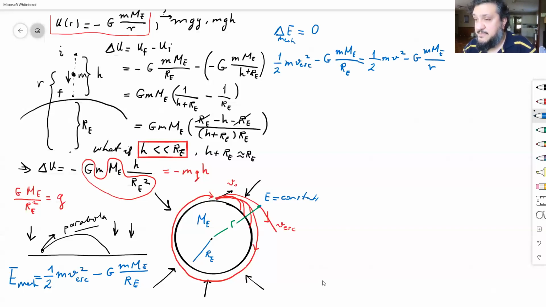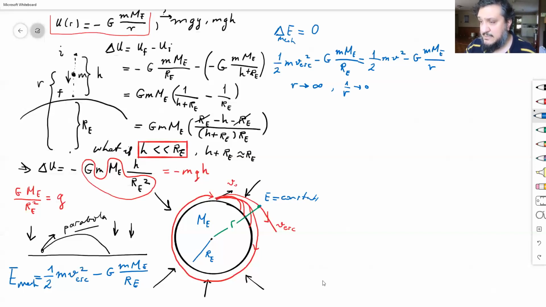Imagine you take r all the way to infinity, practically a distance really far from Earth. You don't have to take it really to infinity, but so far. If you do that, of course, 1 over r becomes 0. At that point, do you really need the object even moving? You don't, because we're looking for the minimum velocity, which is enough to escape Earth. Anything above that will be okay, but what is the minimum?